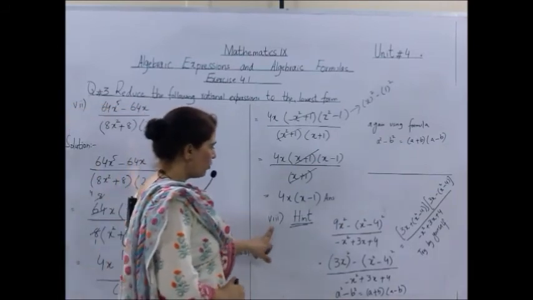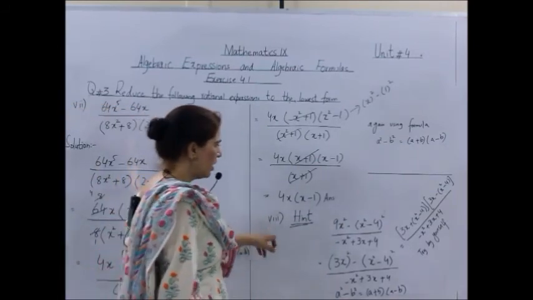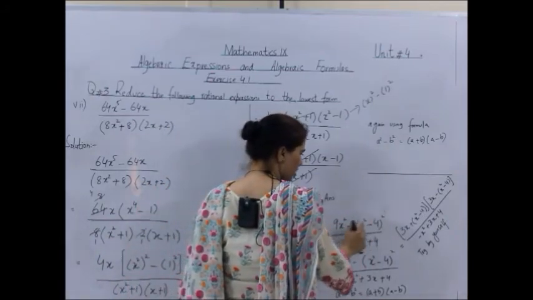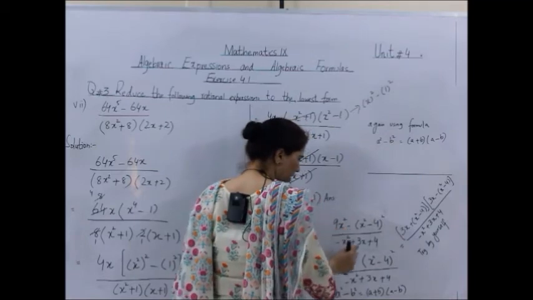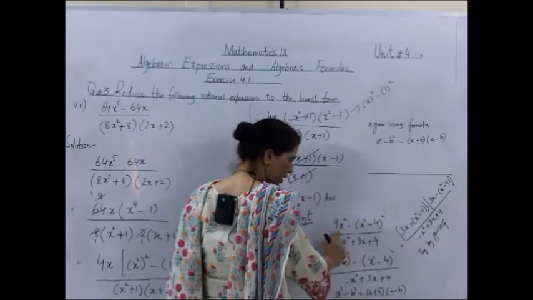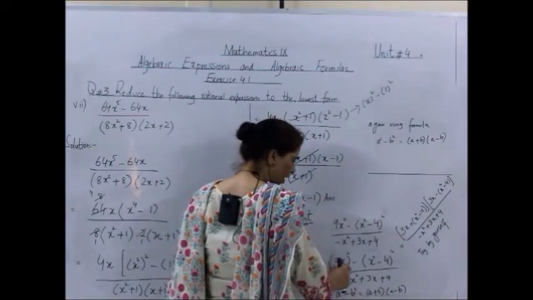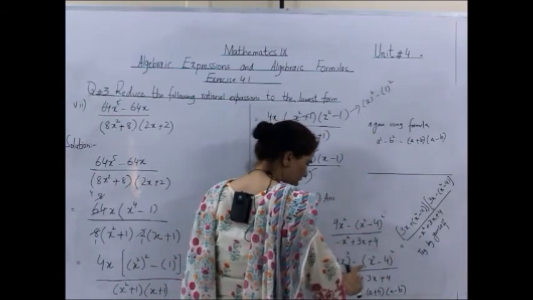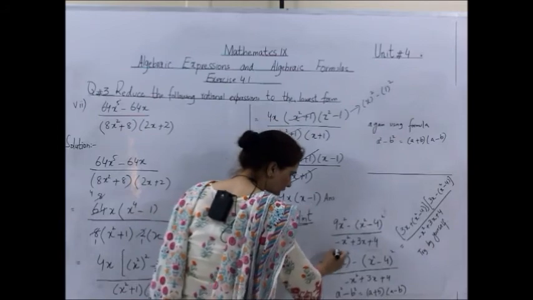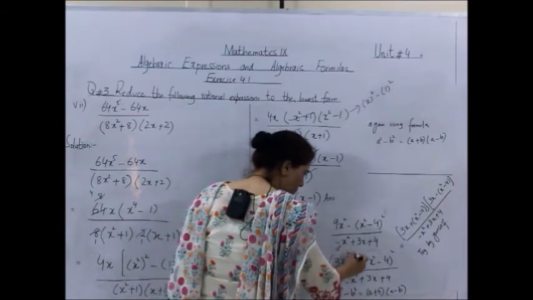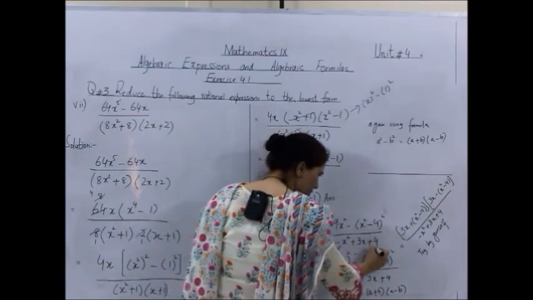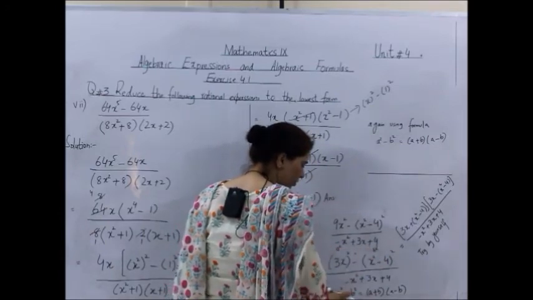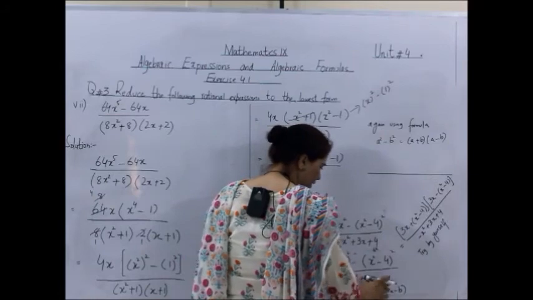Dear students, I will give you just a hint of part number 8. 9x² minus (x² minus 4)². We can write 9x² as (3x)², minus this whole square, which will remain as it is. See, this is a² minus this is b². We will apply the formula a² minus b², which is (a plus b)(a minus b), on this.